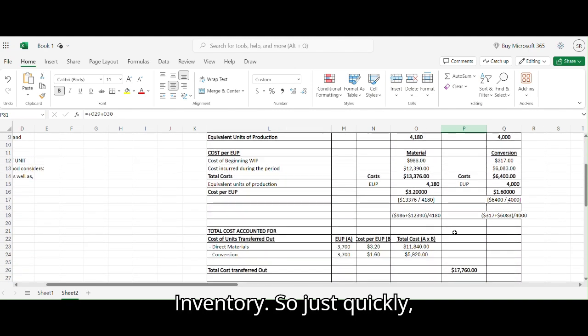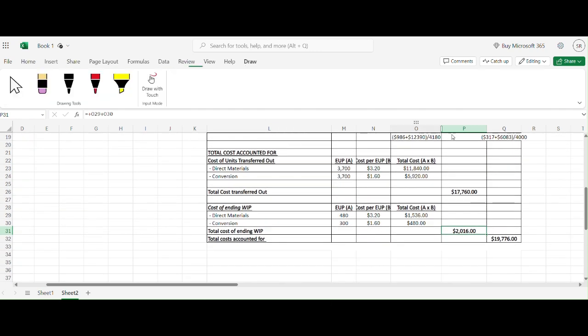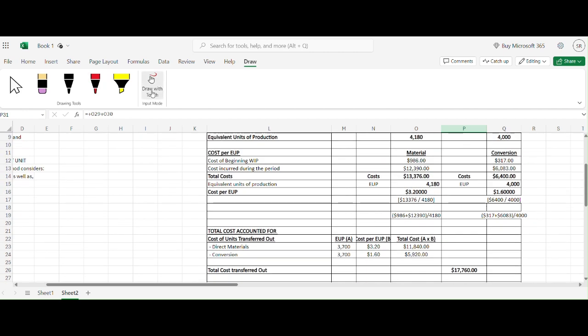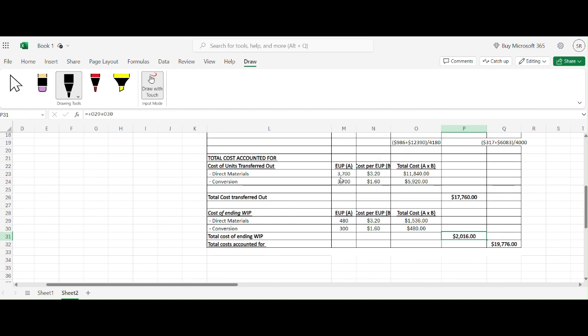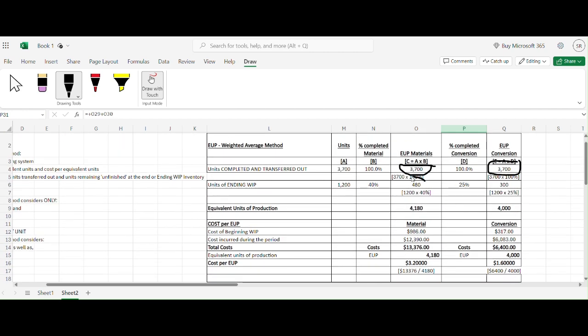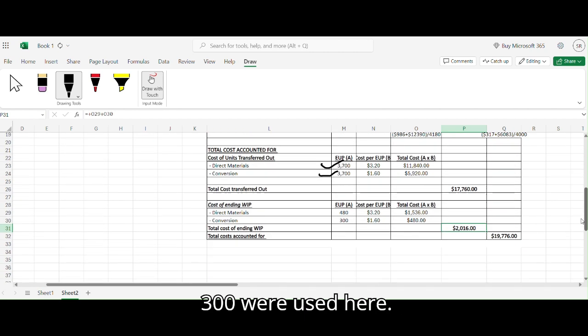So just quickly, let's revise this concept. We use this 3700 and 3700 here, and the equivalent units for ending inventory, 480 and 300, were used here.